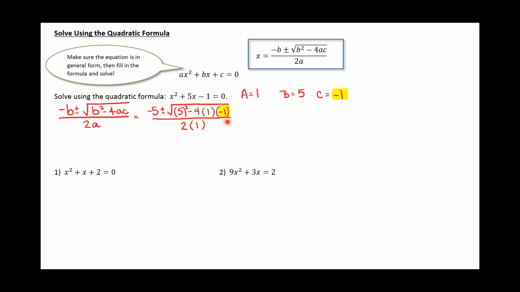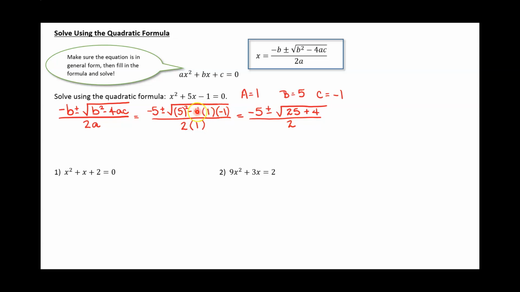To simplify, you have to be sure that you follow order of operations. One of the most common mistakes is that people want to start at the left and just work straight across to the right. So they say 5 squared is 25, minus 4 is 21, times 1 is 21, times -1 is -21, and that's not correct. Order of operations says that we have to do our exponents first, so 5 squared is 25, and then it says we have to do multiplication and division before we can do this addition and subtraction.